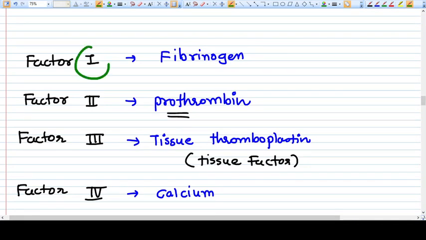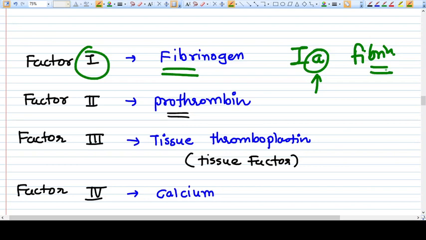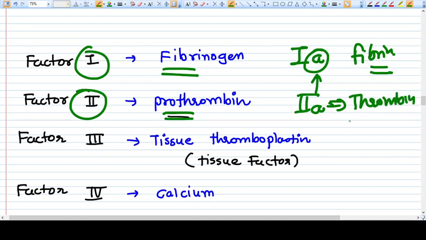Factor 1 is fibrinogen. Factor 1a, the small a denoting activation, will be fibrin. Factor 2 means prothrombin, and 2a will be thrombin, the activated form.